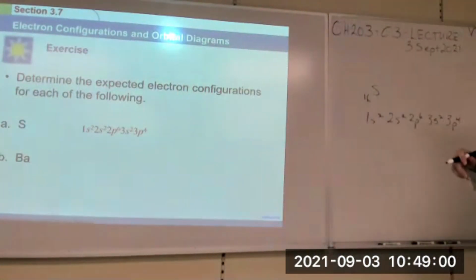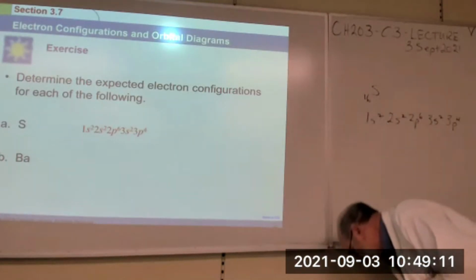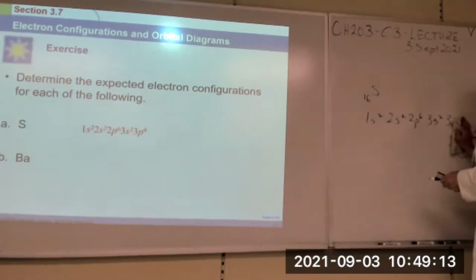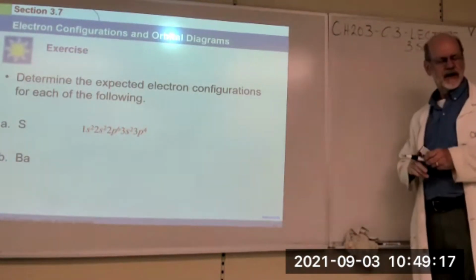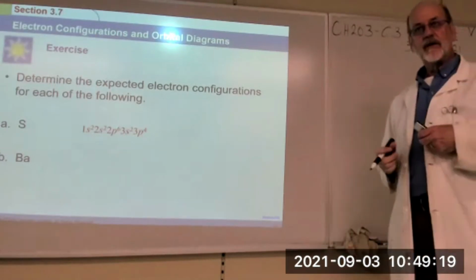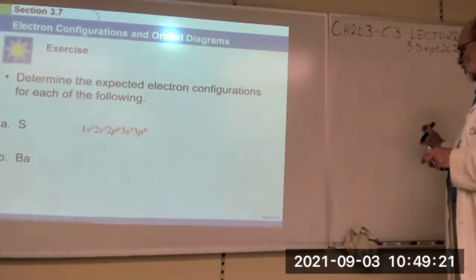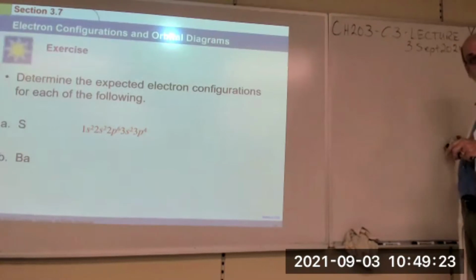Now, barium. Notice where barium's located, right there. You have a long way to get to barium. So are we going to draw the whole thing for barium? We probably should the first time we do it. And then I'll show you a shortcut. Because ultimately, what you want to know is how many electrons are in this highest energy shell.